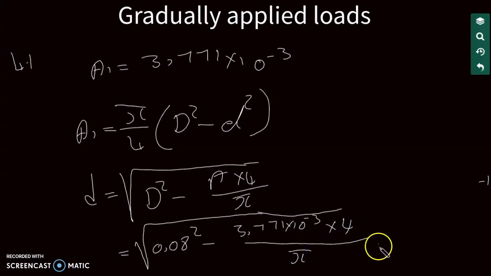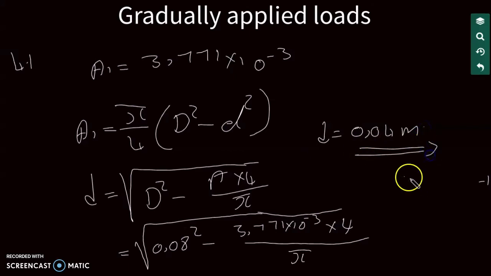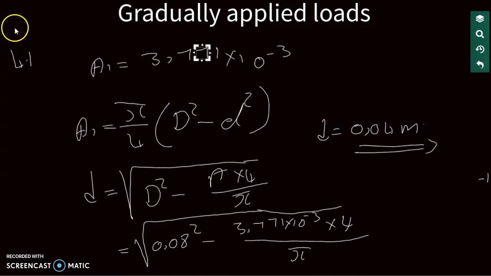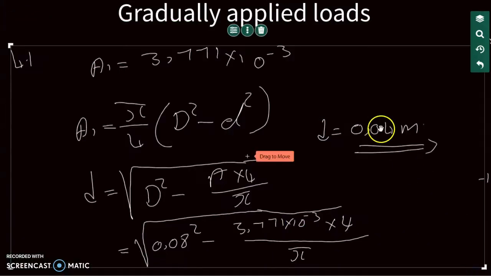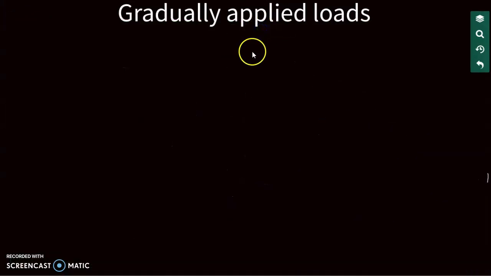And then from here I got that our D, small letter d, is equal to 0.04 meters. And that is our answer.